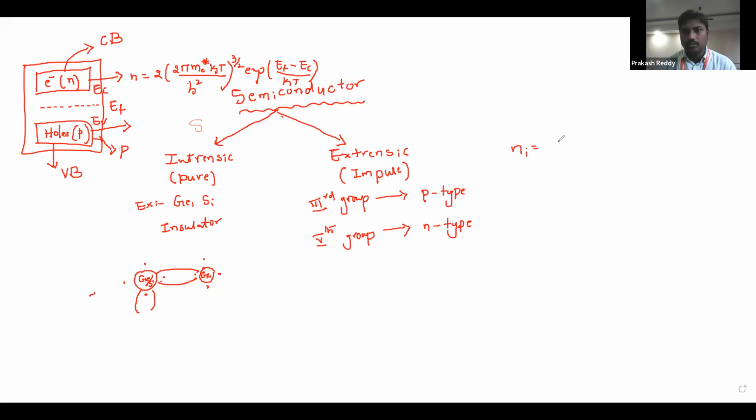Ni equals N into P. So the equation is 2 into (2 pi kT by h square) whole power 3 by 2, into (me star mh star) whole power 3 by 4, and exponential of minus Eg by 2kT.